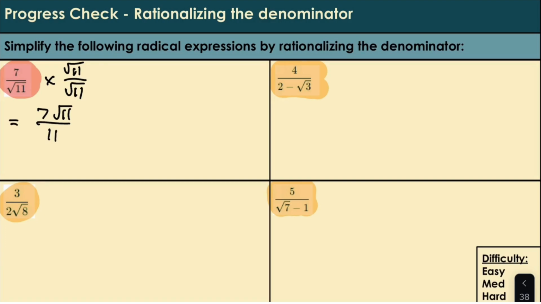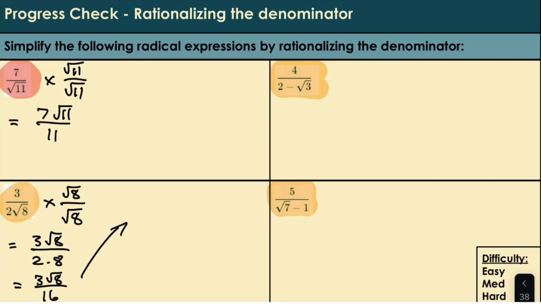Next question. Let's multiply by root 8 over root 8. 3 root 8. In our denominator, we're going to have 2 multiplied by 8. 3 root 8 over 16. With that root 8, we can simplify that further.